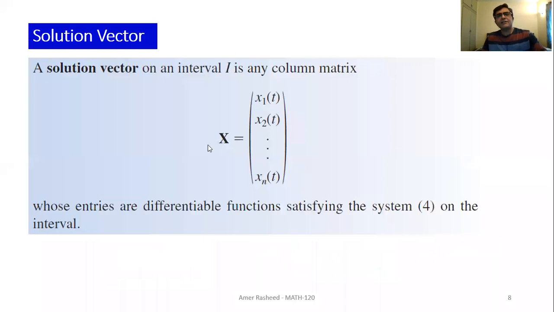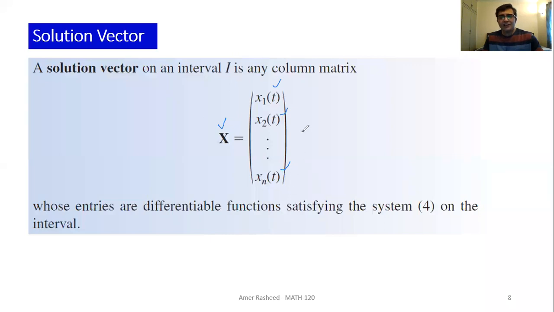Now, what is the solution of these systems, whether they are homogeneous linear system or non-homogeneous linear system? Any vector x1 of t, x2 of t, xn of t, in short, we can write as an x vector whose entries are differentiable functions, meaning the first derivatives of x1, x2, and xn exist.